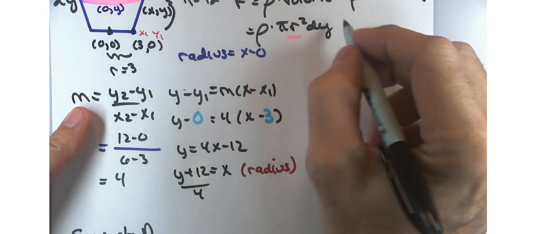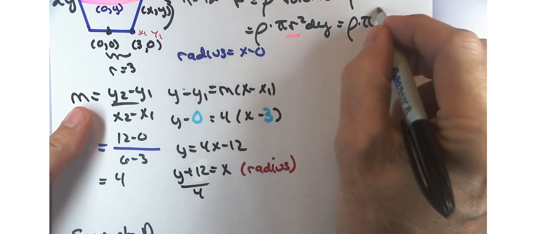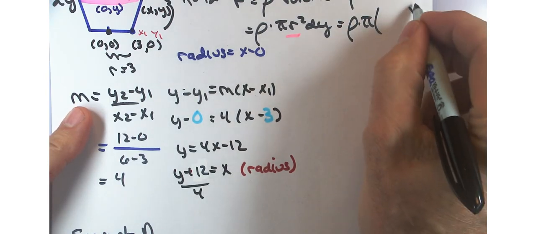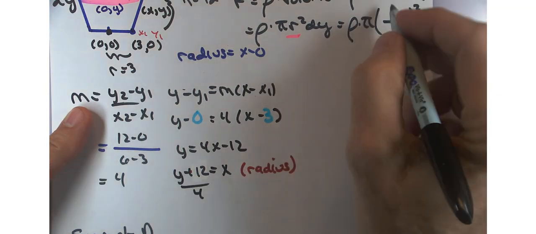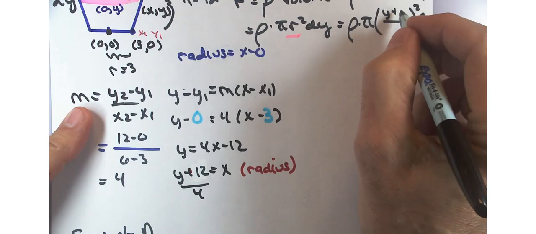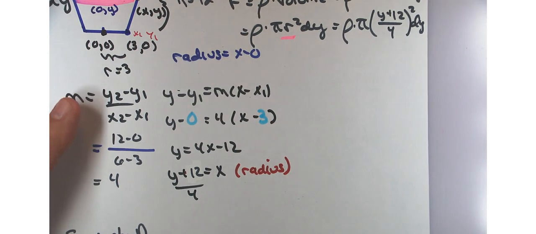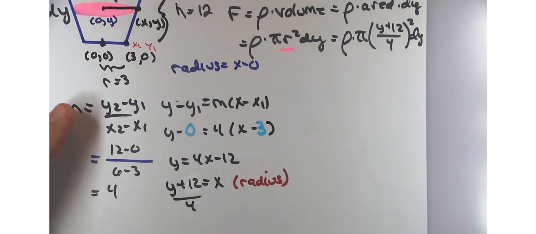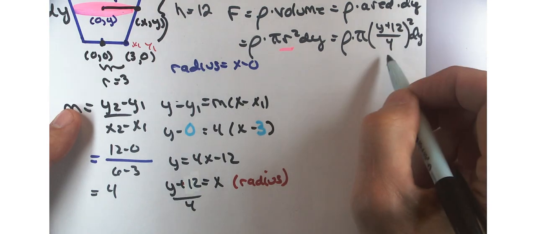And that's going to give me rho times pi times this thing squared times dy. And that thing squared is my y plus 12 over 4. I'm going to clean that up just a little bit. 4 squared is 16.